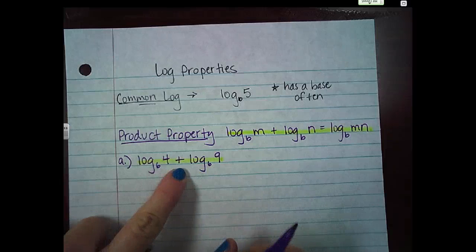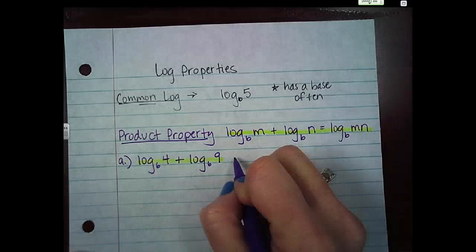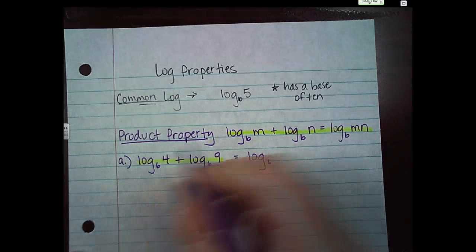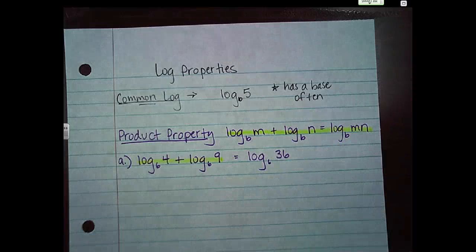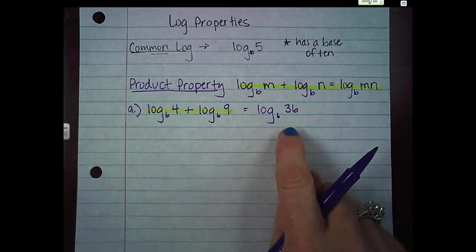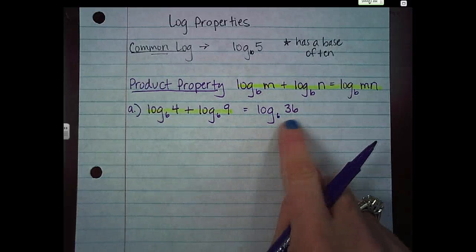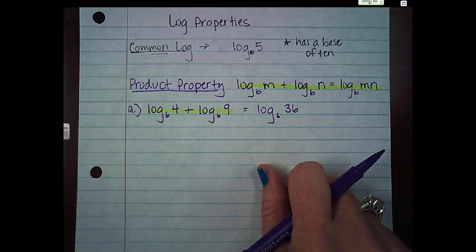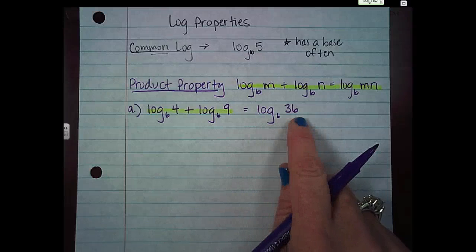So addition turns to multiplication. Log base 6 of 9 times 4 is 36. Now the question is, does this have an answer? How can I get from 6 to 36? What's the log here? What exponent gets you from 6 to 36? 2.